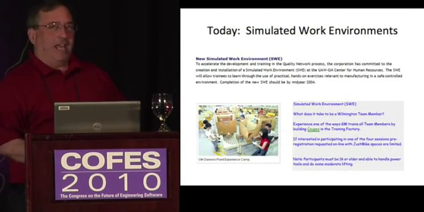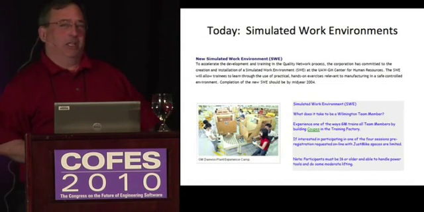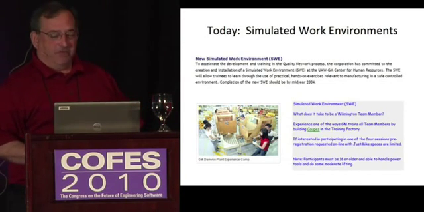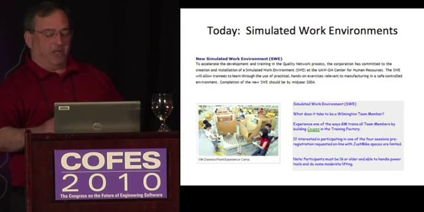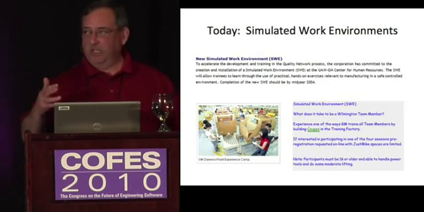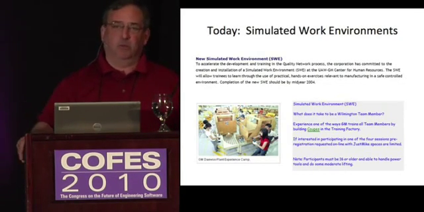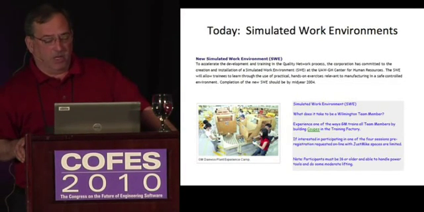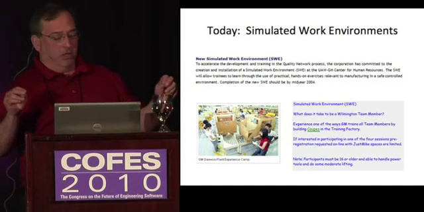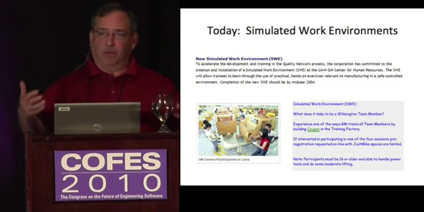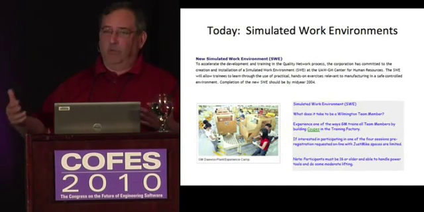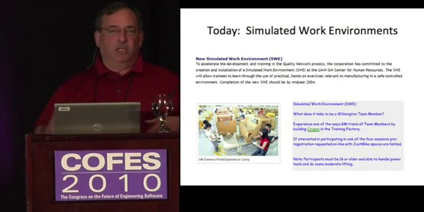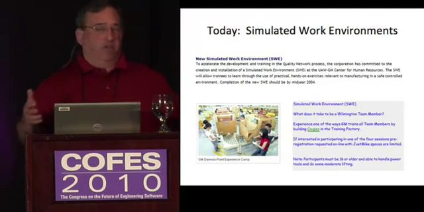So I have a funny name for these things, and the reason it's a funny name is because, to start with, there are things called simulated work environments. We use this term in GM, and I am pretty sure that it's used in other industries as well. And the idea of a simulated work environment is we bring real operators into a laboratory where there's mock-ups of the parts and the tools and the conveyance and so forth.